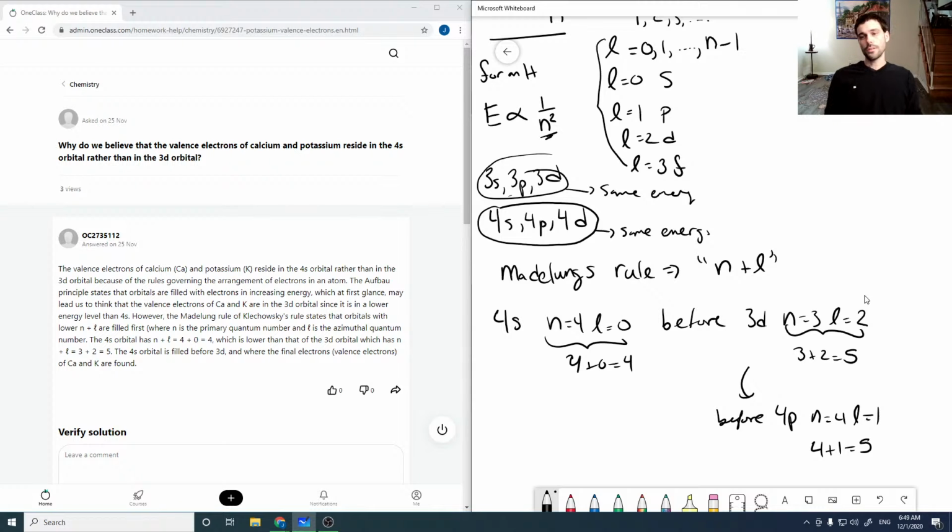And this is just to take into account the fact that electron repulsion is now becoming a thing, and sometimes it's better to fill up these higher l orbitals before we fill up lower l orbitals, as long as we're not paying too high an energy cost, which would be represented by the n value.